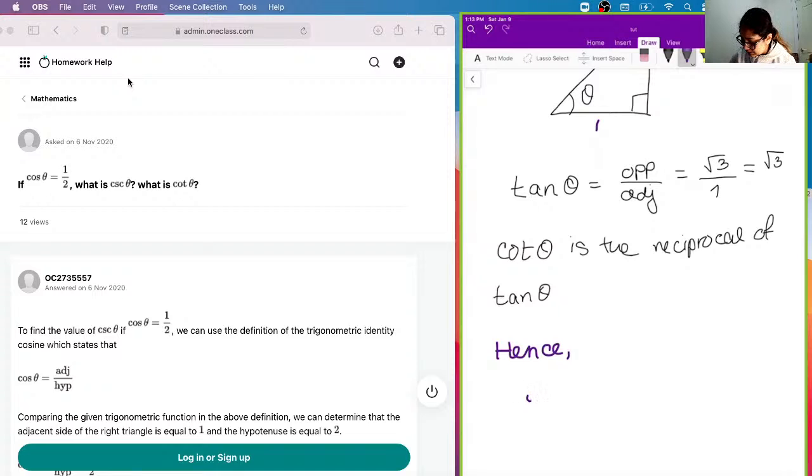So cotangent theta would equal 1 over tan theta. So this is 1 over root 3.